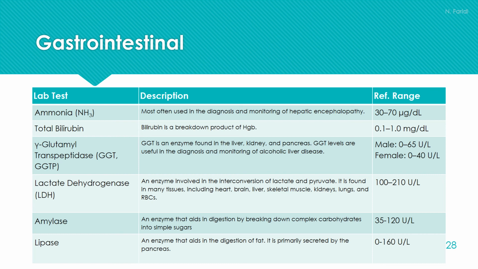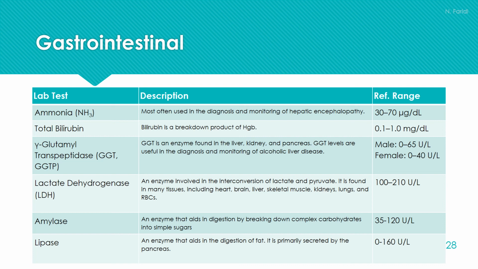This is an enzyme that is involved in the interconversion of lactate and pyruvate. It's found in many tissues, including the heart, brain, liver, skeletal muscle, kidneys, lungs, and red blood cells. An elevated LDH is not a very specific finding, as it may occur due to damage in many of the different tissues that we discussed.